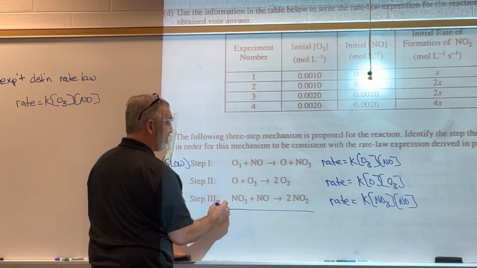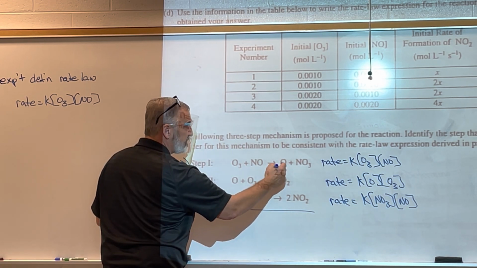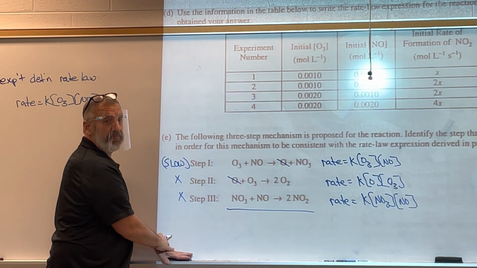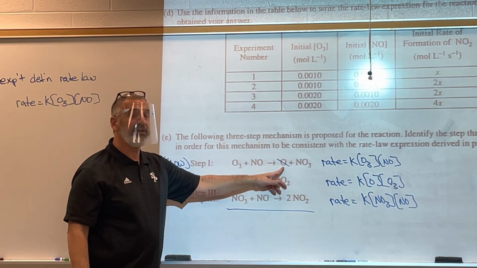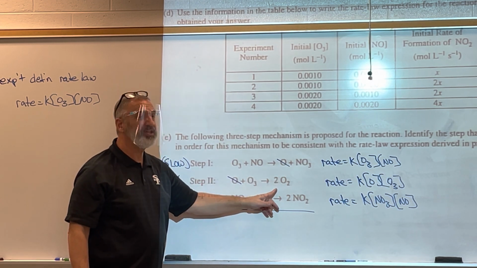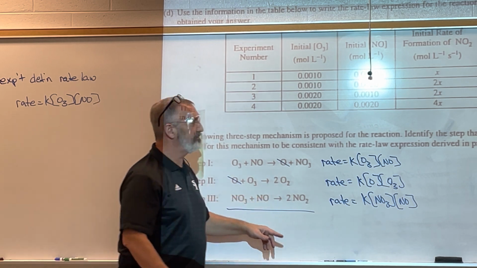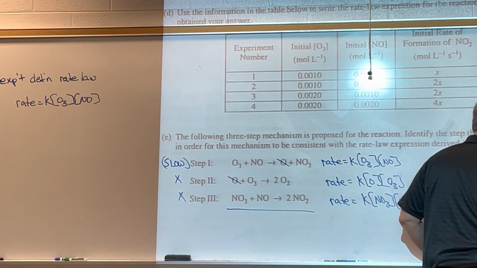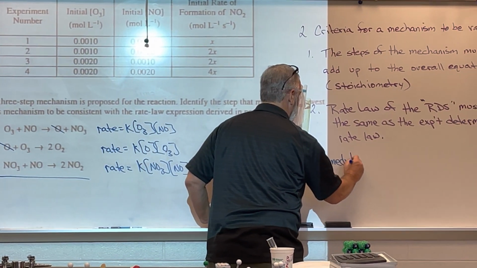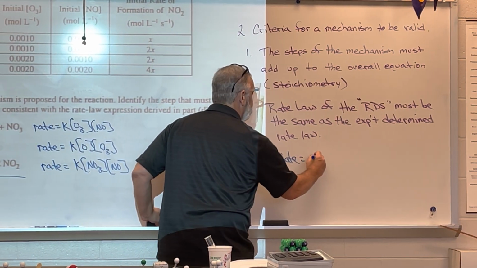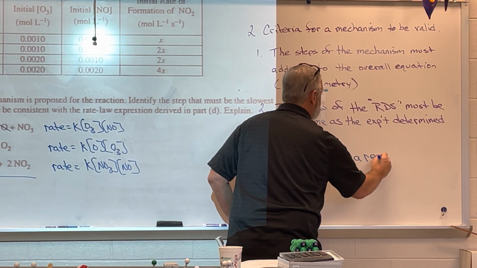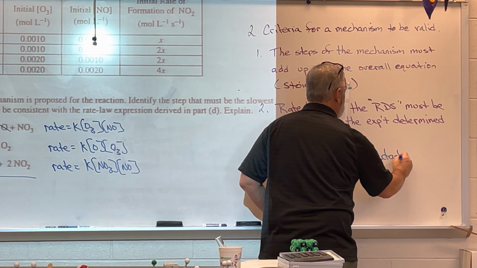So in this case, notice that O is being produced here and then consumed there. O is not a reactant or a product. It's going to be called an intermediate. So an intermediate is neither a reactant nor a product.